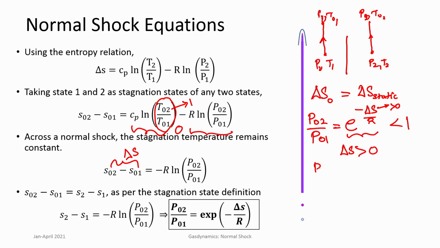So P02 by P01 is less than 1. That means stagnation pressure decreases across the shock. So this is an important expression, that stagnation pressure decreases across the shock.